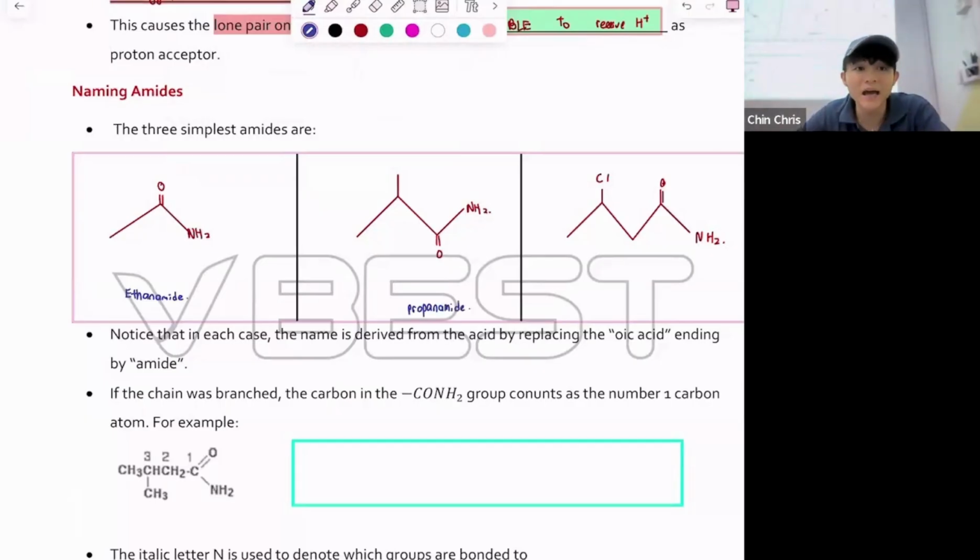Remember, amide is just like a carboxylic acid, it always takes position 1. So this is 2-methyl propane amide.